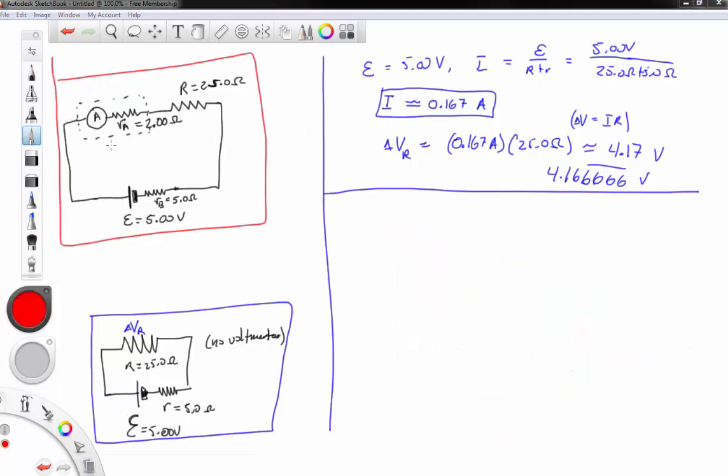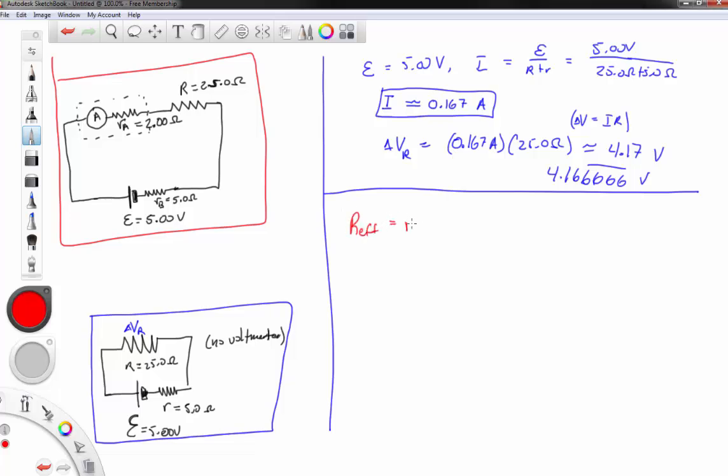Okay, what about when we place the ammeter in series with the resistance to measure a current through this resistor? Before, we placed the voltmeter in parallel with the resistor, now we're placing the ammeter in series. So what happens in this case? Well, happily it's a lot easier to figure out all the total resistances because there's nothing in parallel.